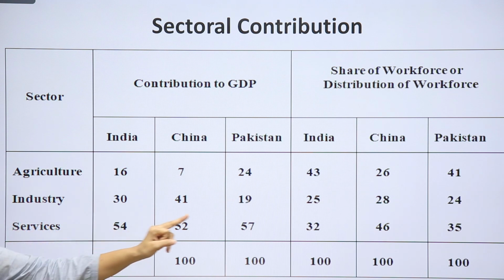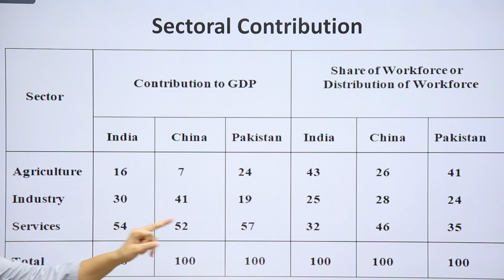In the services sector, it is 32% in India, 46% in China, and 35% in Pakistan. So this is the table. If you want to include some data in your exams, you can go through this table and memorize this data comparatively and include that.